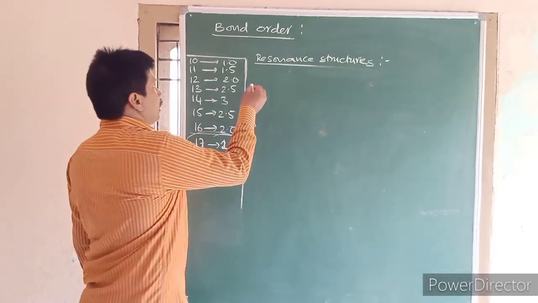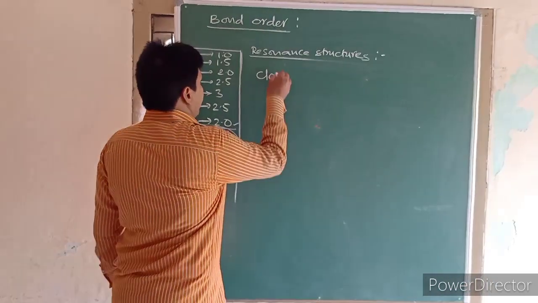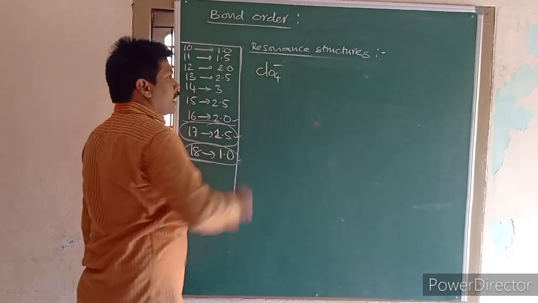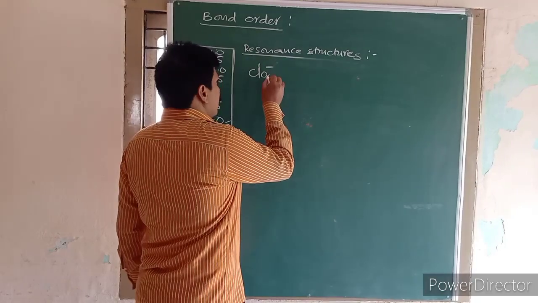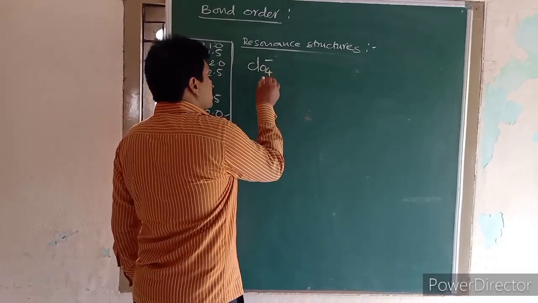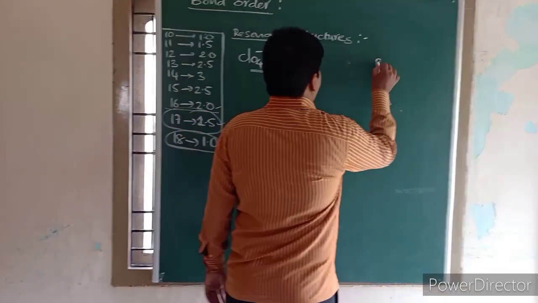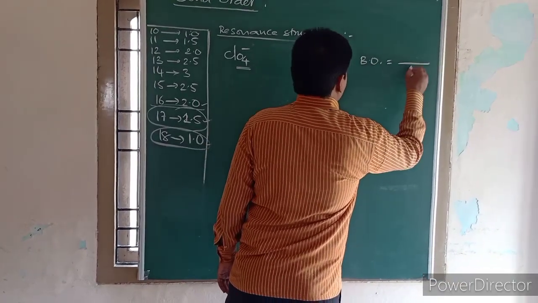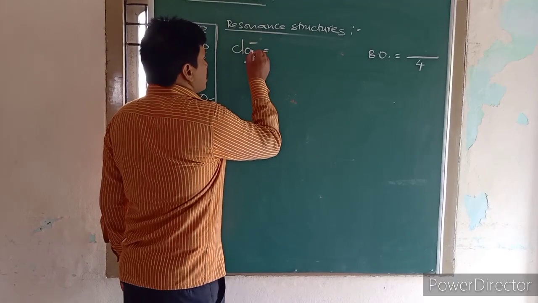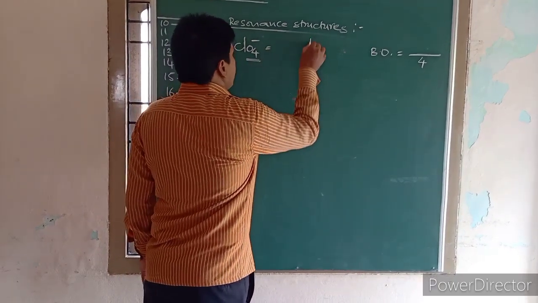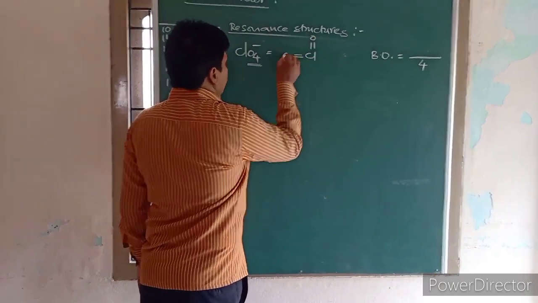In another example, ClO4 minus, the perchlorate ion, the 4 oxygen atoms are surrounded here. That's why the number of resonance structures is 4. And in its molecular structure, the chlorine is surrounded like this.